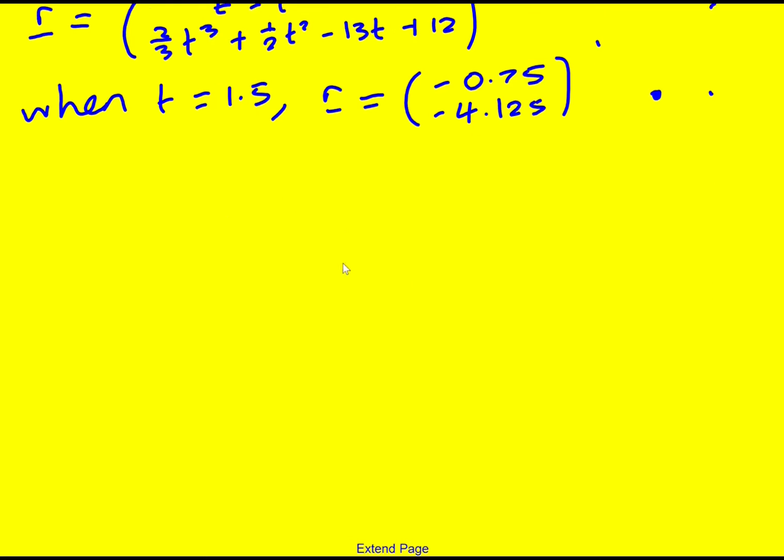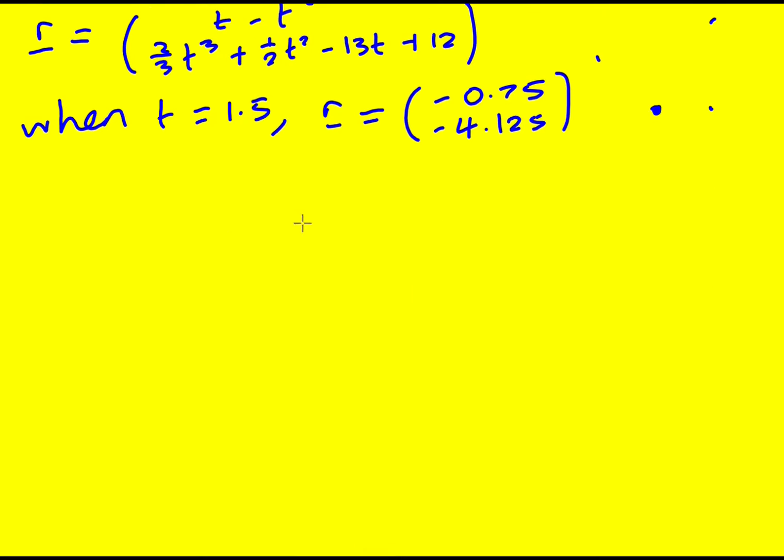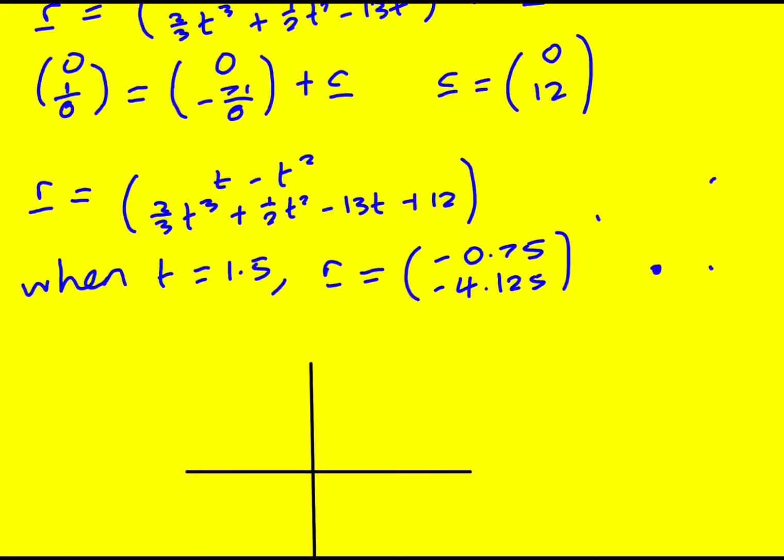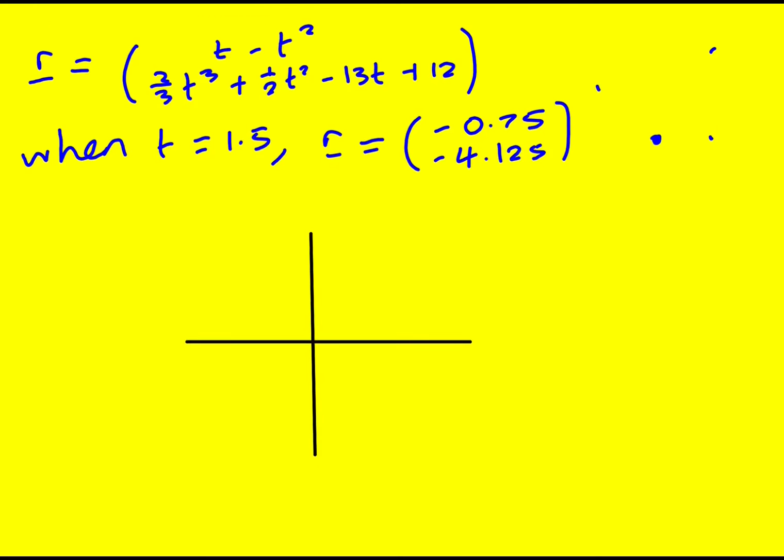Right, let's just approximately put where that would be. So remember, we're referring to the bearing from O, the origin, and therefore my minus 0.75, minus 4.125 will be sort of like down here. And I want to find this angle here, that's the bearing.